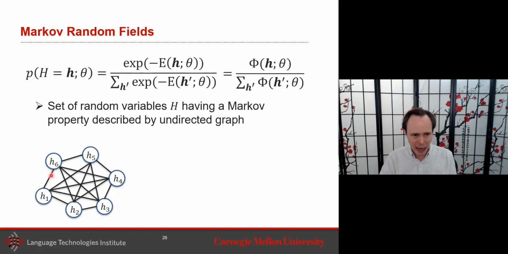But the core idea is the same: I have random variables, and my random variables are usually non-observed, at least not directly. And for all these random variables, I will have this potential function.